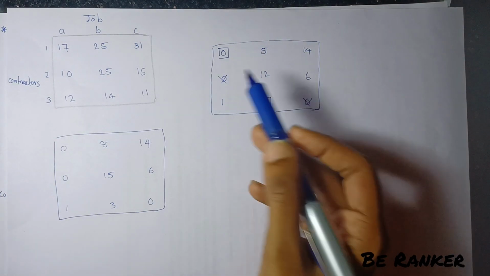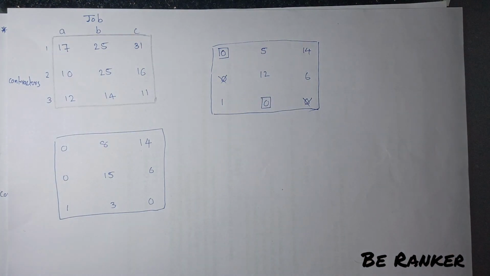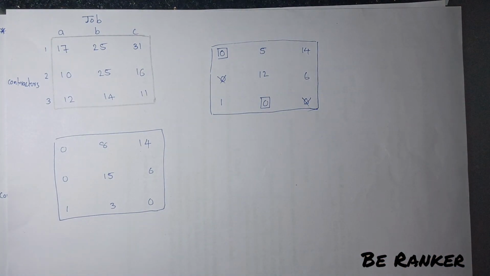Here each row and each column do not have one assigned 0. That is, the second row and the third column have no assigned 0. In this situation we can use the Hungarian method. As a first step, we pick the row that has no assignment.